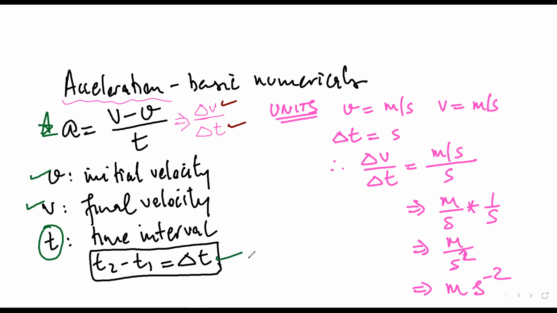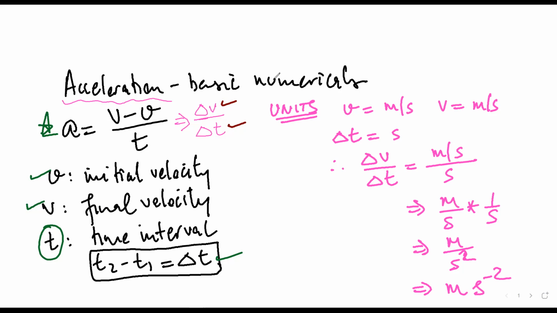Loosely, what we say is that t is the time, but t is not the time. t is actually the time interval, which is equal to the final time minus initial time, which is delta t. So usually in class ninth, when we write a numerical, we write it as v minus u upon t. But what we need to understand very clearly is that t is the time interval. It is t2 minus t1.